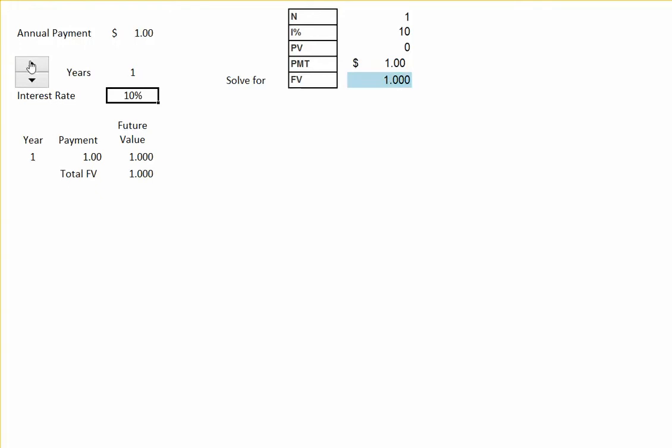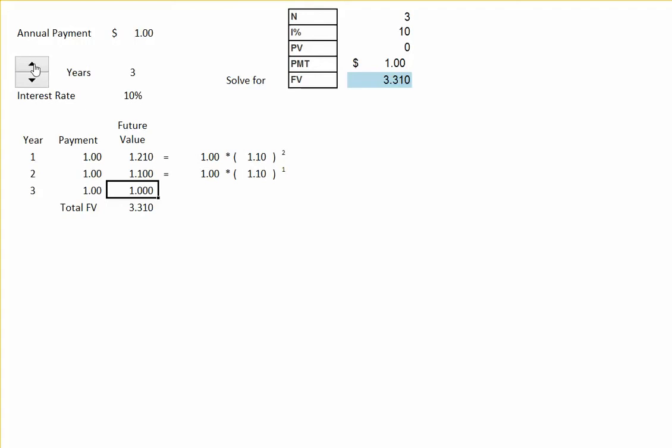If we extend our annuity to 2 periods, notice the first year's annuity contribution has a chance to compound for 1 year and will grow to $1.10. The second year's contribution doesn't have a chance to compound and will only be worth $1. So the total future value of our annuity will be $2.10.